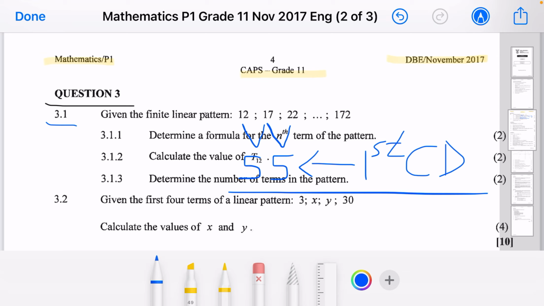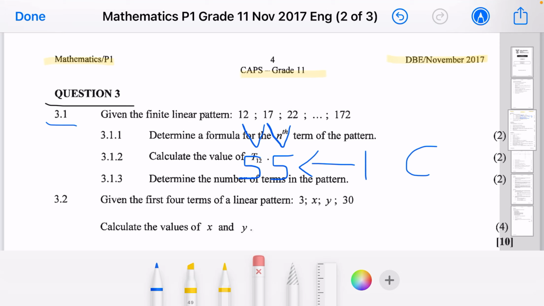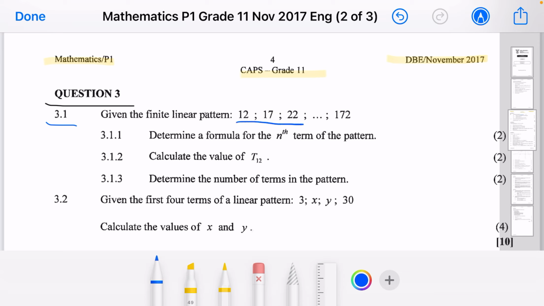Okay, so that means this is indeed an arithmetic pattern or arithmetic sequence. I actually wanted to say linear pattern. Okay, so now I think, guys, we can start with our questions, but before we do that, remember, guys, this is the first 3 terms of the pattern, né?